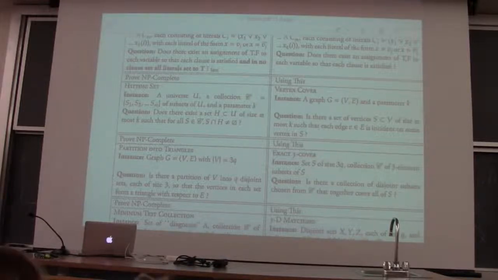Yes. So I know that when I'm trying to reduce vertex cover to hitting set, the set that I'm interested in is the set of vertices, which can be of size K. Then I'm trying to relate that to the set H. Correct. That's what you want to do.